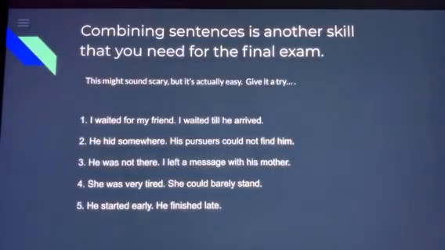Okay. The other skill that you need for the final exam is combining sentences. Maybe that sounds scary, but actually let's take a look at this. So number 1 says, I waited for my friend. I waited till he arrived. So the way you combine sentences is you figure out what the point of overlap is. So, okay, I waited. So you could say, I waited for my friend until he arrived.